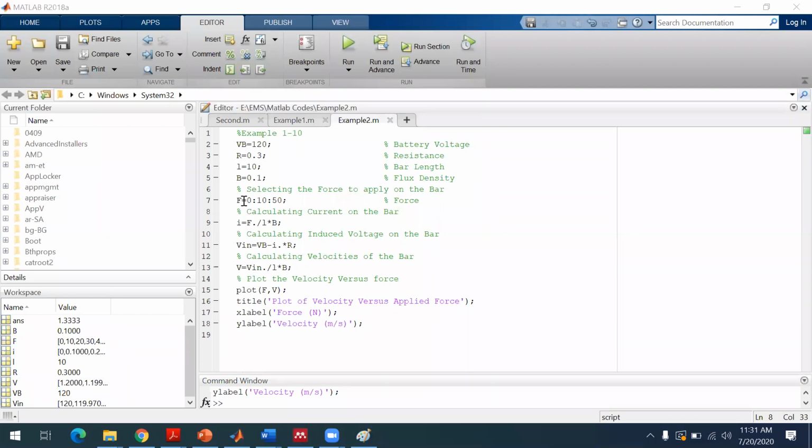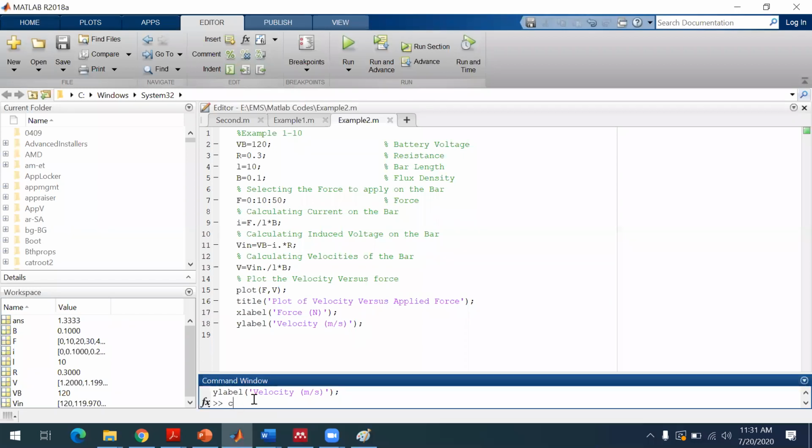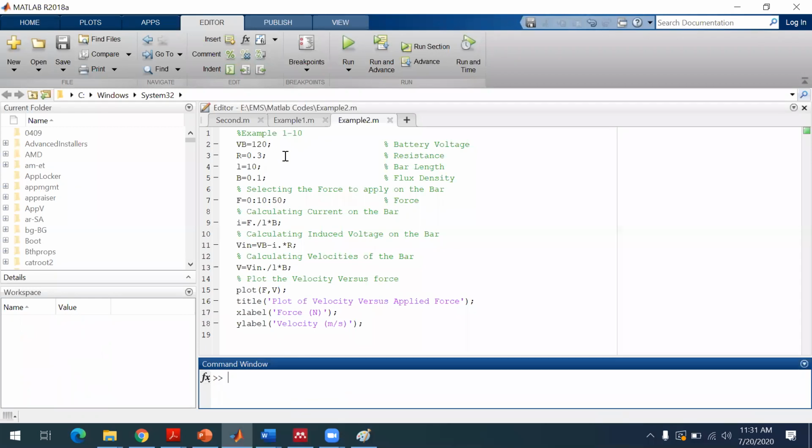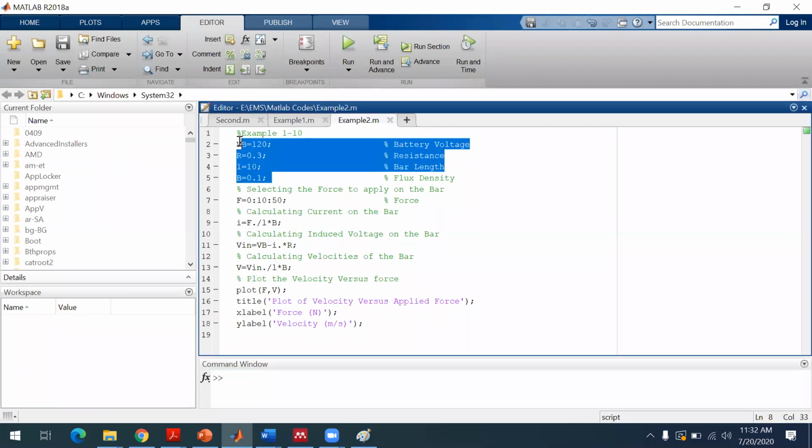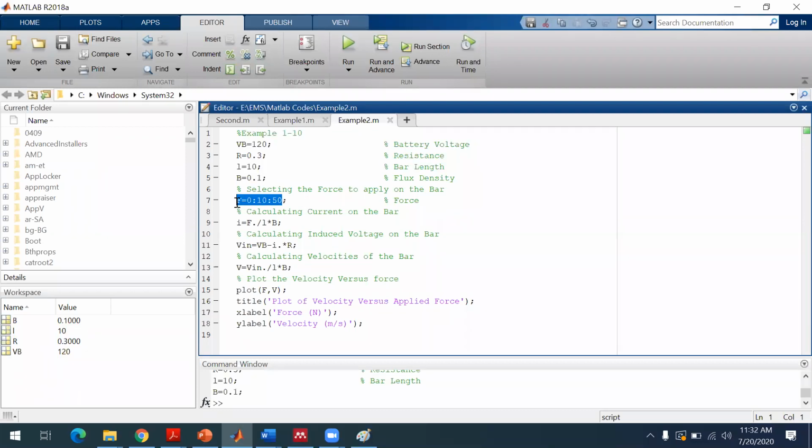So this is basically, let's quickly clear this Matlab. Okay, so let's quickly run these step by step. F9, just to show you how it works.